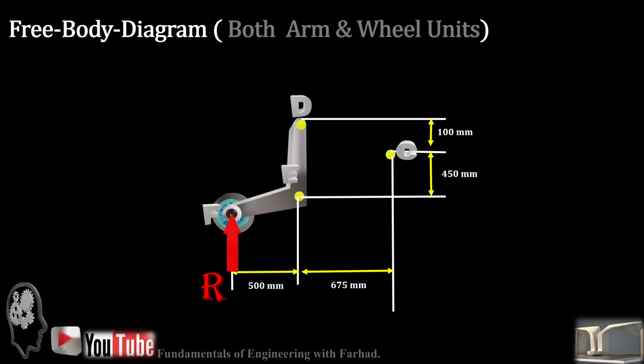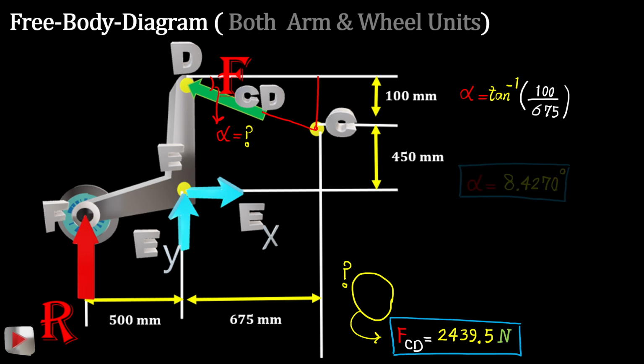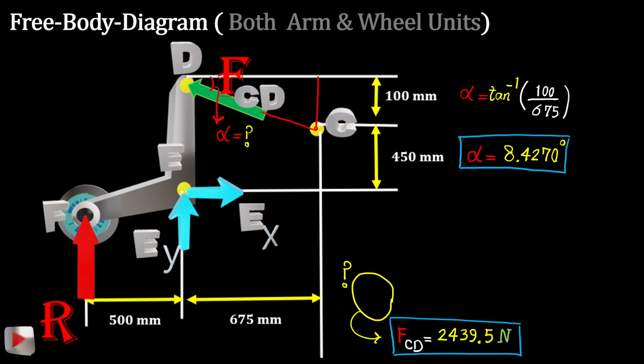R, which we already calculated, is applied at point F on the wheel, then at the pin E, EX and EY apply, and the tilted force from rod CD, which we already saw in the entire system, with the angle of alpha applies at point D. If we calculate alpha here, alpha is tangent inverse of rise over run, where our rise is 100 millimeters and our run is 675, and it gives us alpha is 8.4 degrees.